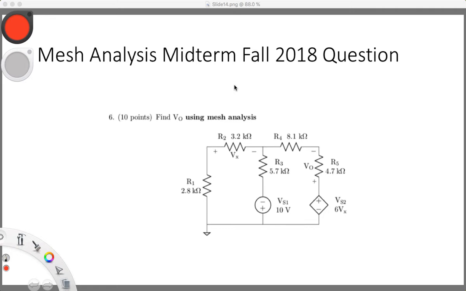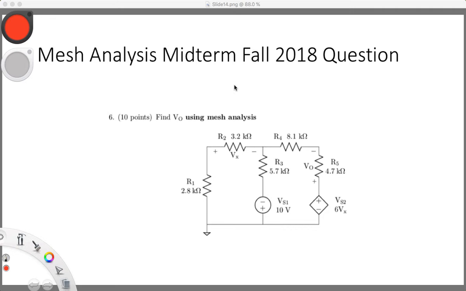So one last video on mesh analysis, and I'm just going to quickly look at this example, which is on the fall 2018 midterm for CET236.